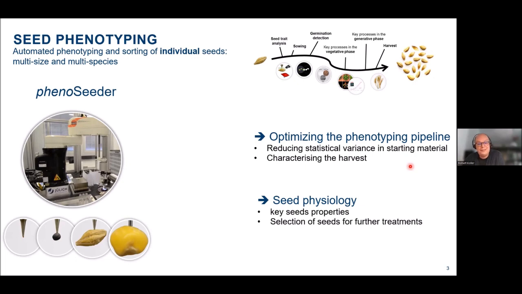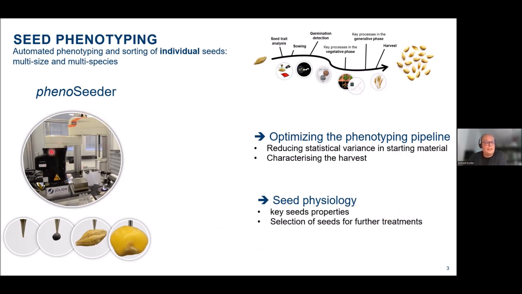And on the other hand, we are interested, of course, in the physiological part of the seeds, and to identify key seed properties, and then also to select seeds for further treatments or for the next generations.